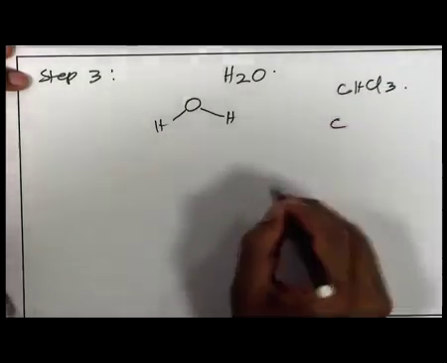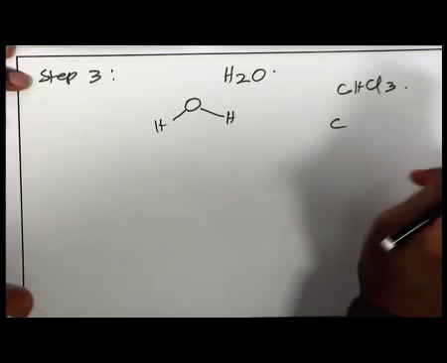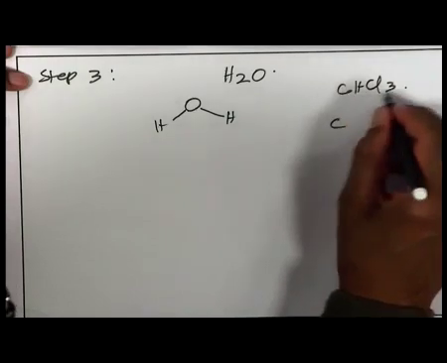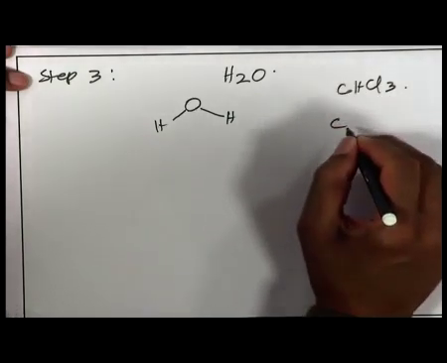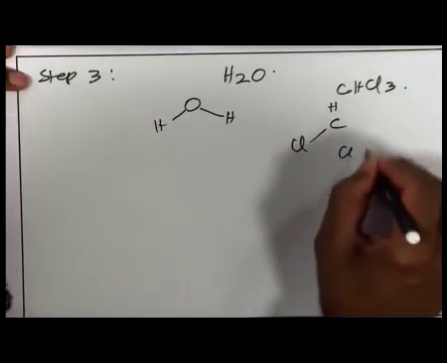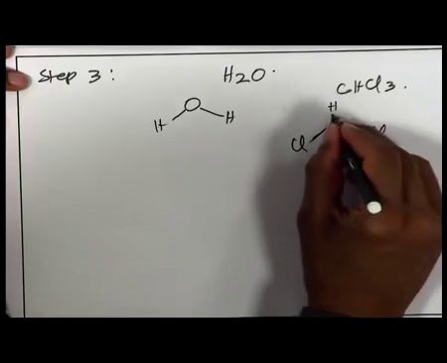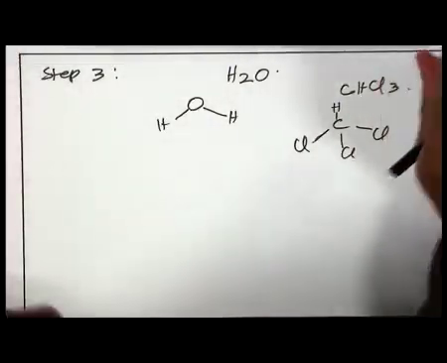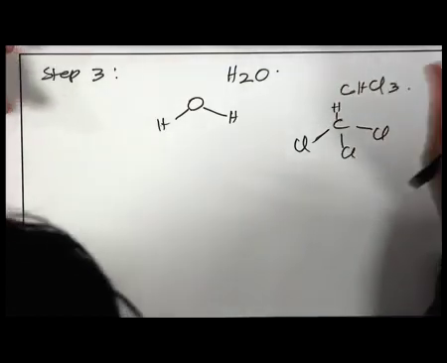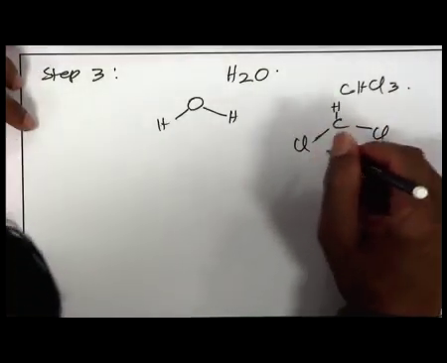The central atom is carbon. You arrange the remaining atoms around the central atom: put the hydrogen here and 3 chlorine atoms around it, and draw a single bond between atoms, because at least one bond must be present between each pair of atoms.